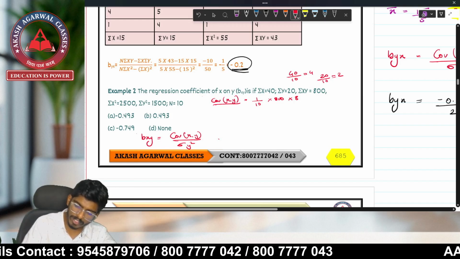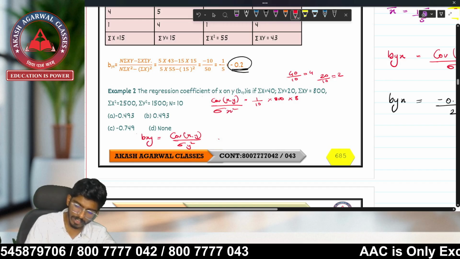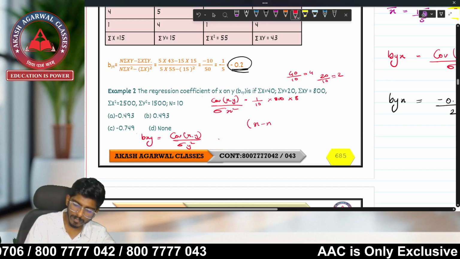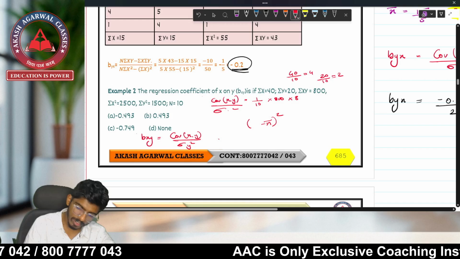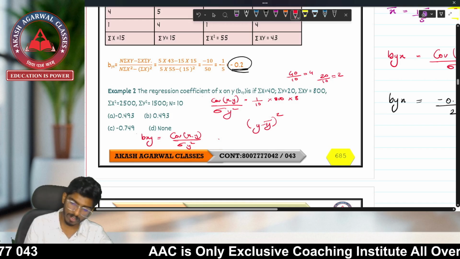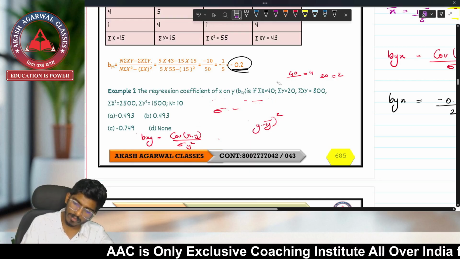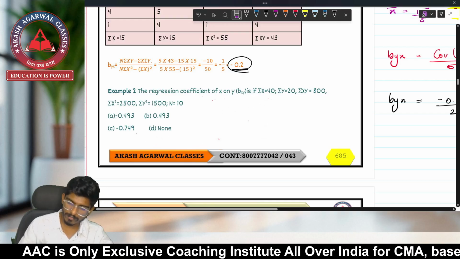We can find covariance of x comma y, but we cannot find standard deviation of y square because I don't have y minus y bar to solve this. I don't have the data, so I cannot apply this formula over here. So at this time, we will need some other formula to solve bxy.